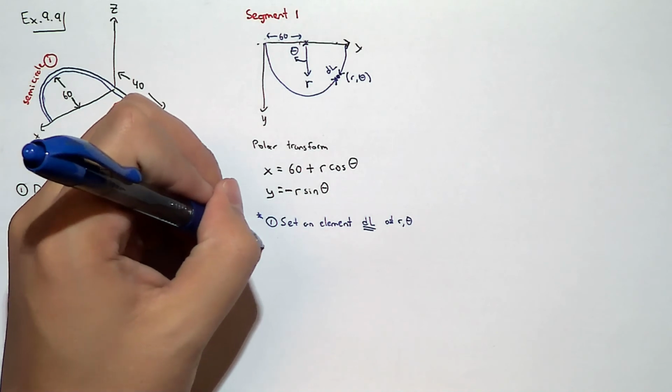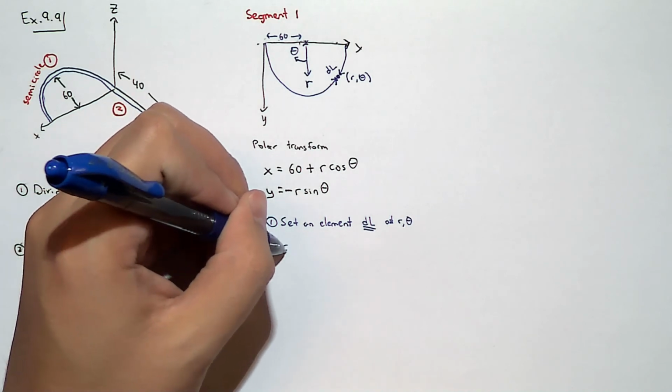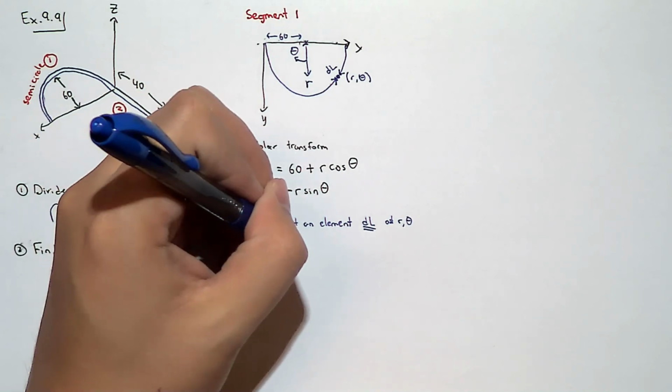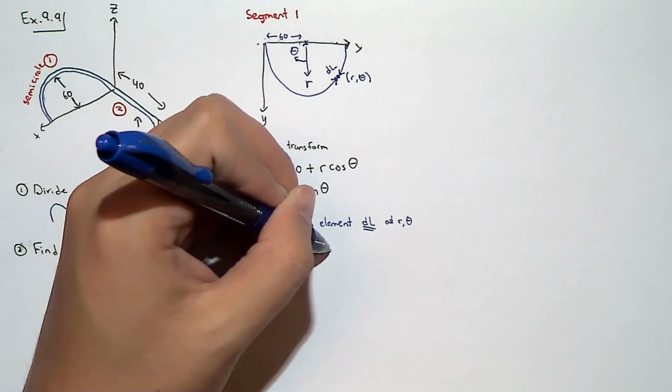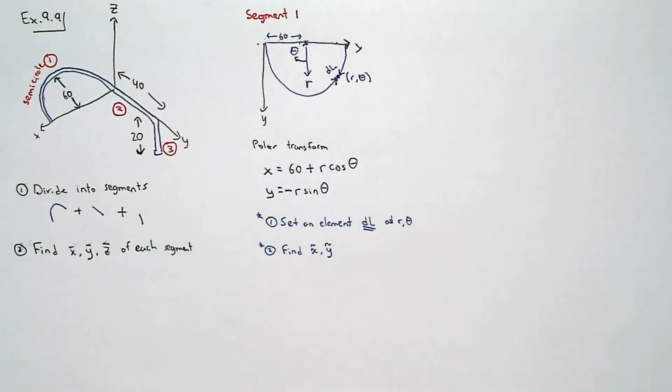We may recall that step number 2 was to find the centroid of that element, which we called x squiggly, y squiggly. In this case, because this element is a line with a very, very small length, we can treat it as if it were a point.